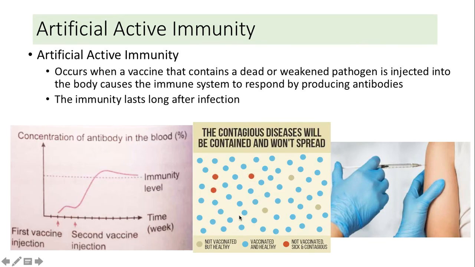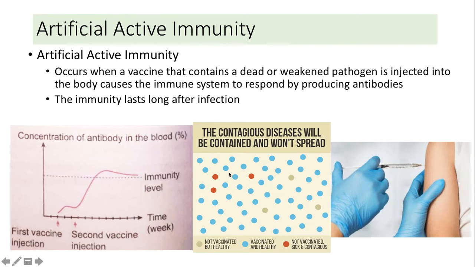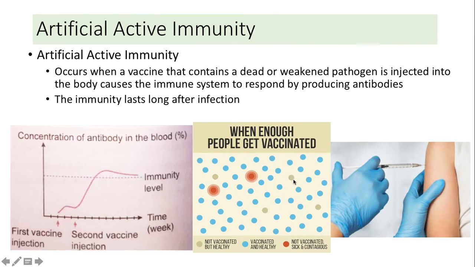Okay, as you can see in the video here, let's say whenever these two people are not vaccinated, they got sick, but if there are more people who have been vaccinated, the virus won't be spread throughout the community thanks to vaccine, because these vaccinated people will stop other people from getting the infection.